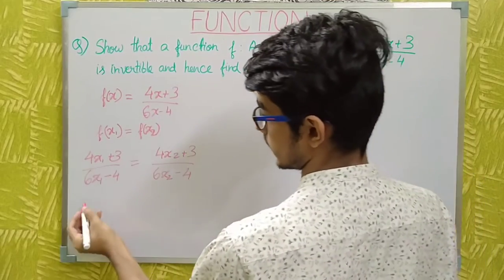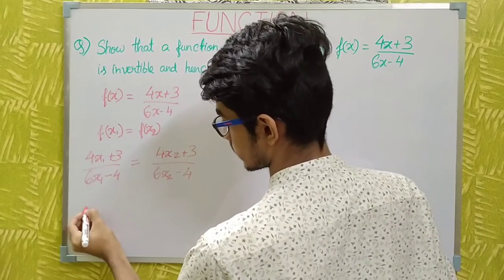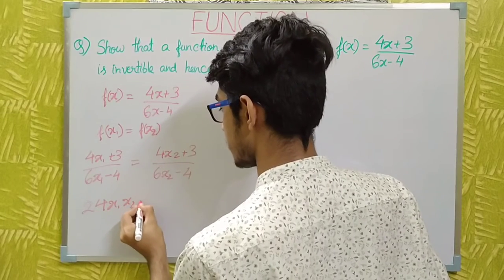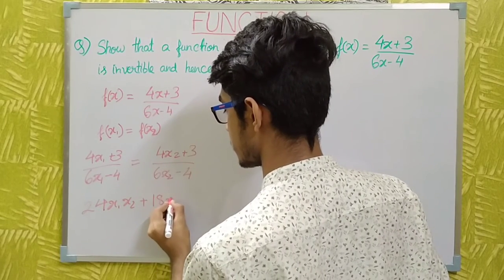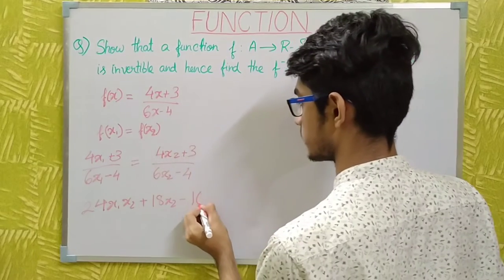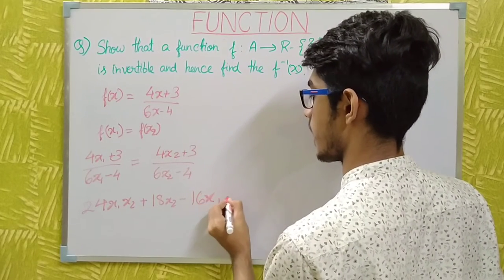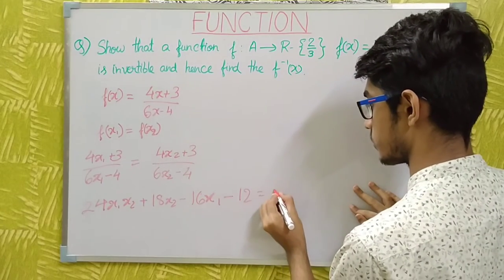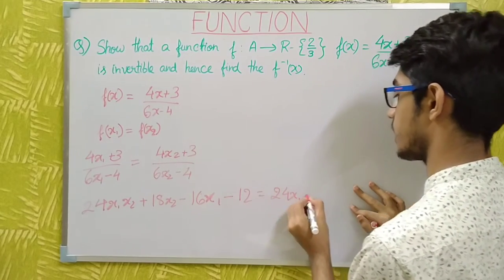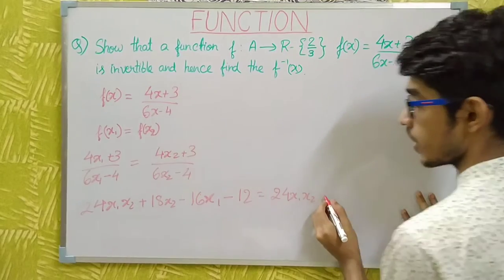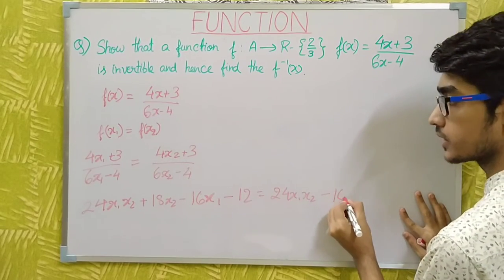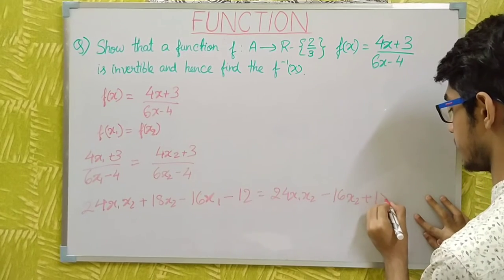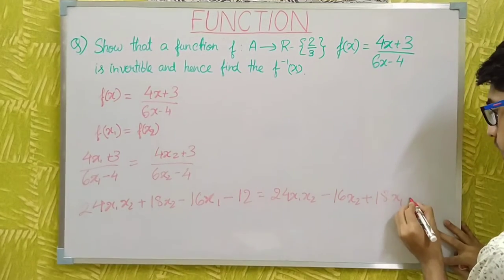Cross multiplying we get 4 times 6 is 24 x1 x2 plus 18 x2 minus 16 x1 minus 12 equals 24 x1 x2 minus 16 x2 plus 18 x1 minus 12.